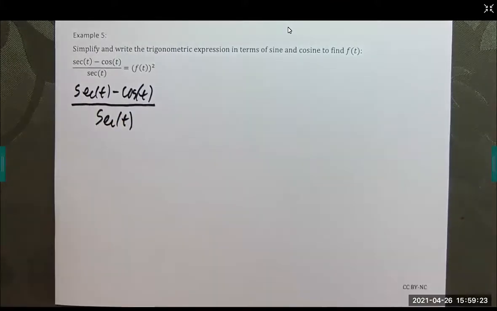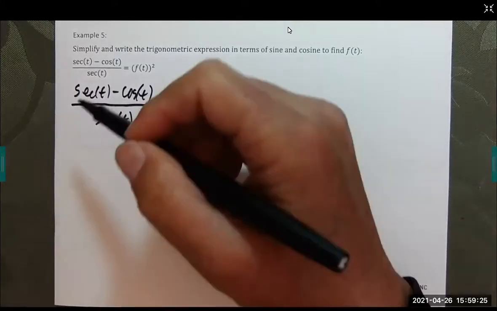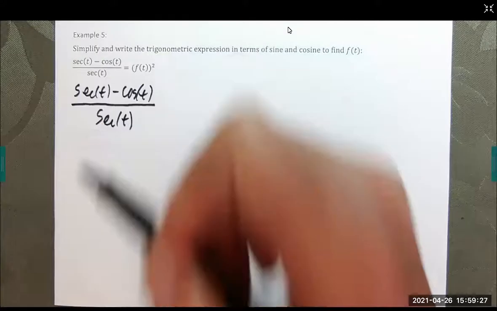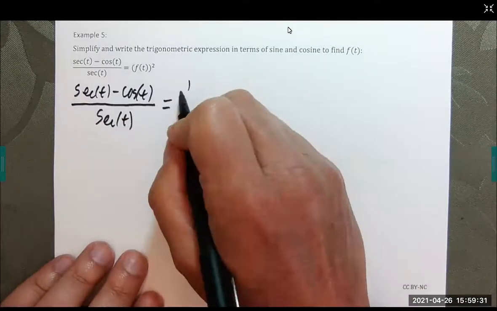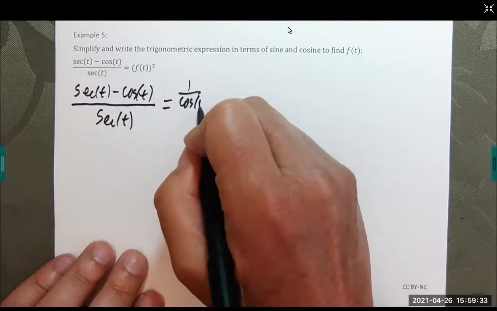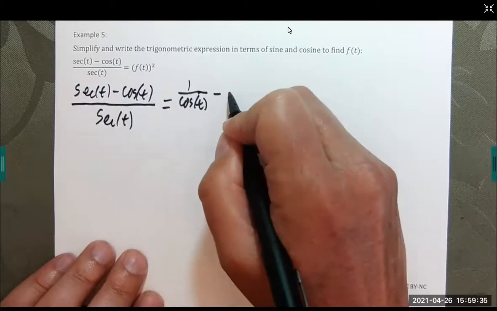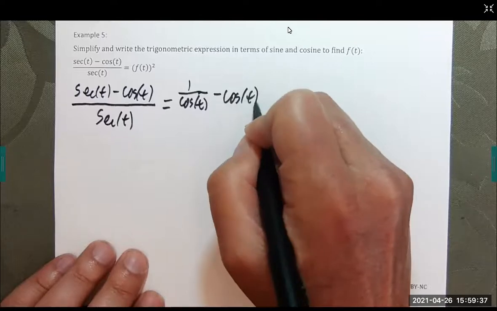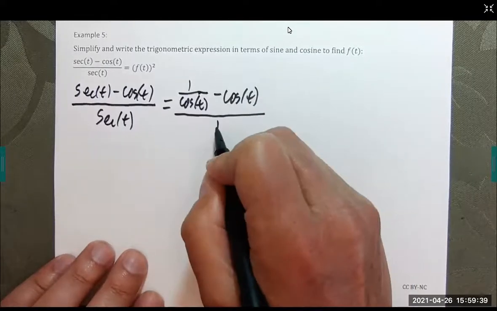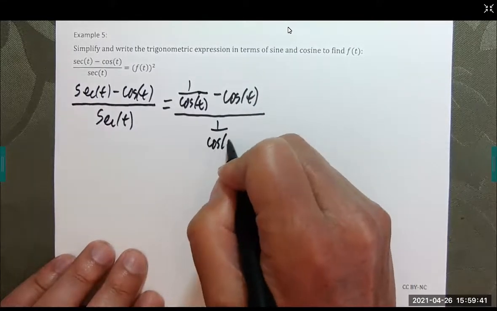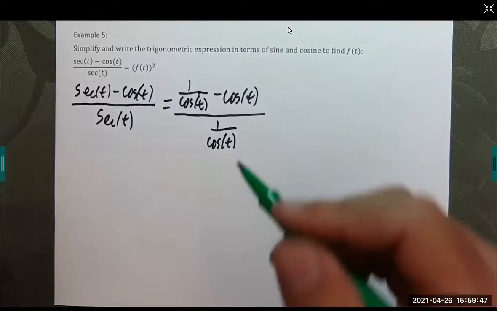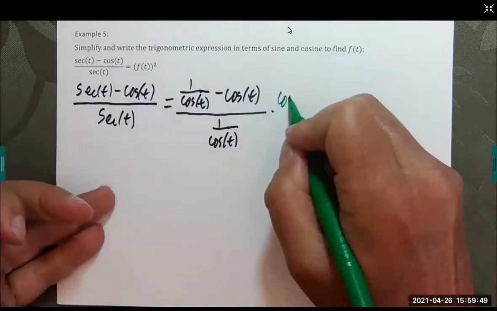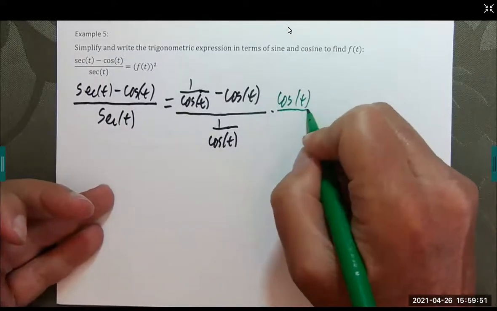And sticking with the theme, you may notice you could break it up into two separate fractions, and that would work itself out as well. I'm going to rewrite the secants as 1 over cosine. And I'm now going to multiply the top and bottom by cosine t, the LCD in this case.